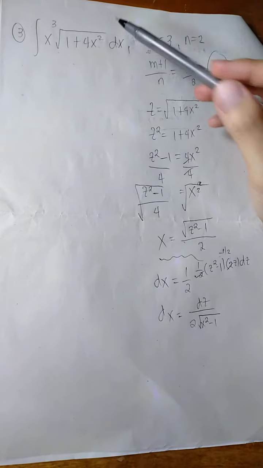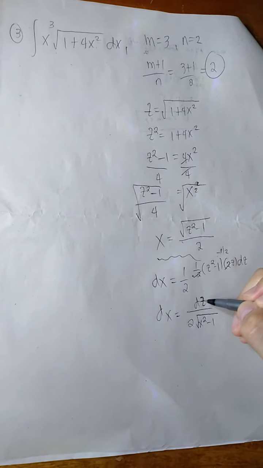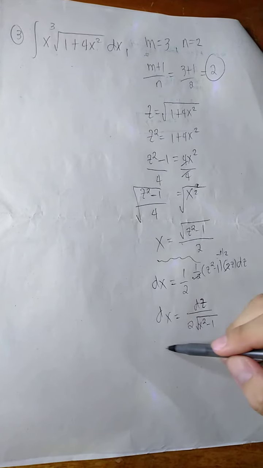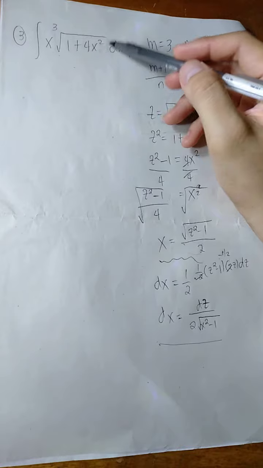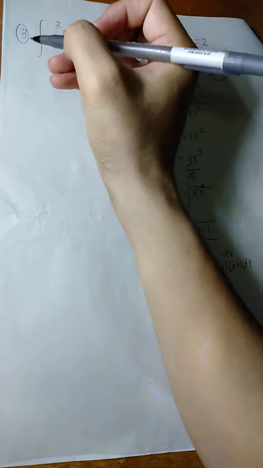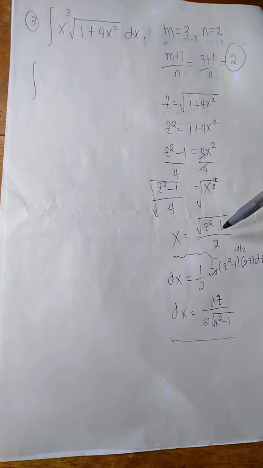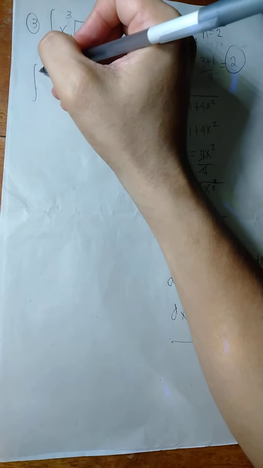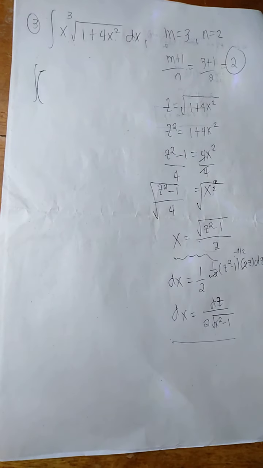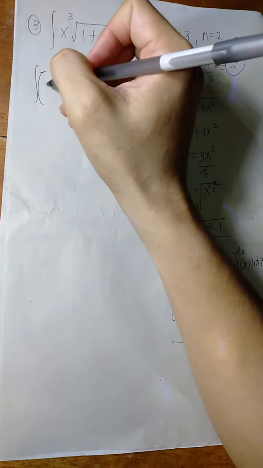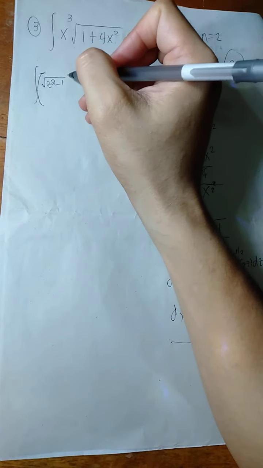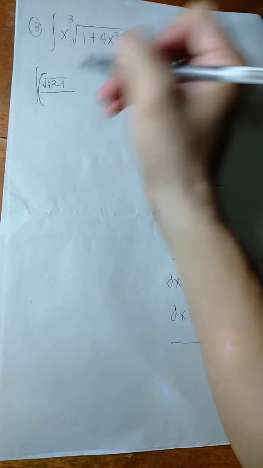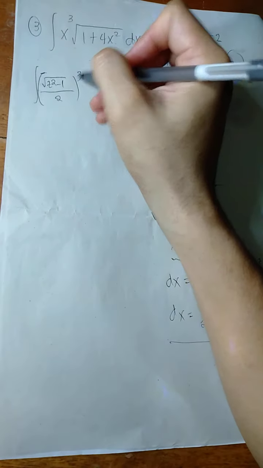So it means itong dx na to, papalitan natin ito. You can replace this by this one. Then yung x, papalitan natin ito. Then yung buong expression ito ng z. So yun na. We can make down a substitution. So integral of, so yung x, papalitan natin ito. So lagay natin ng parenthesis. So ayun, square root of z squared minus 1 over 2, cubed. Ayun, so yun yung x na yun.